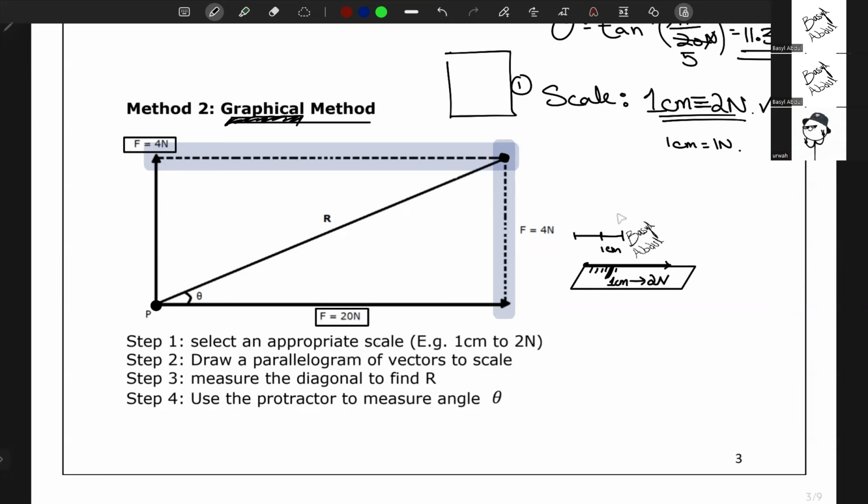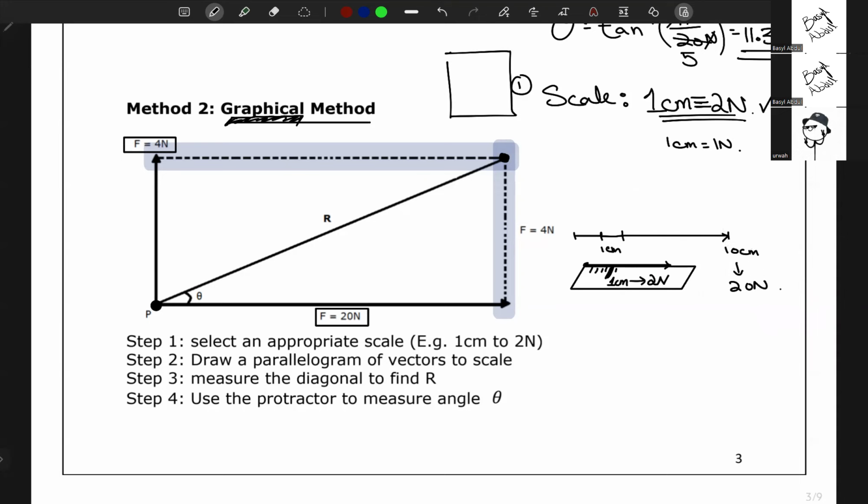Any idea? It will be 10 lines. Yeah, exactly. It would be 10 centimeters, right? So every centimeter corresponds to a force of 2 newtons. That means 10 centimeters would correspond to a force of 20 newtons. So that's how you'll draw your horizontal force vector.